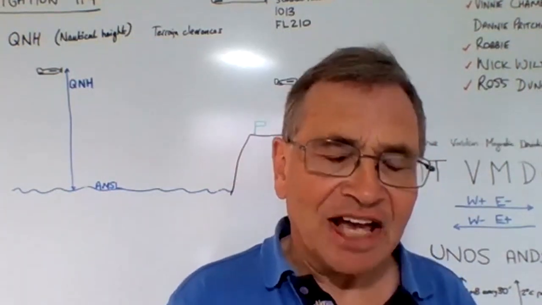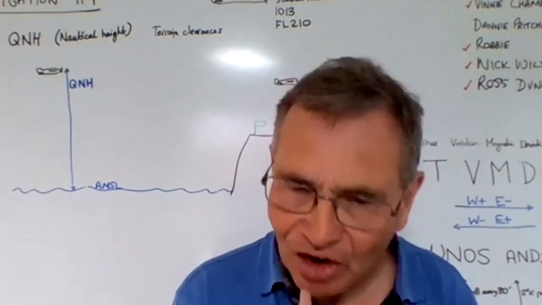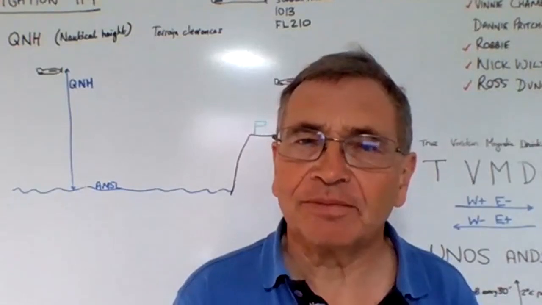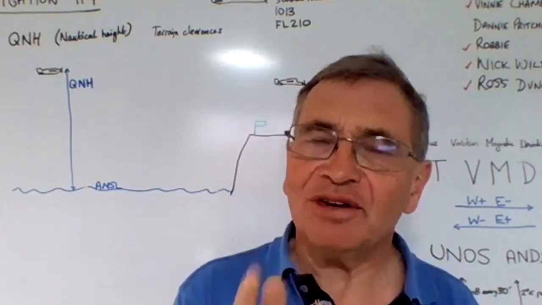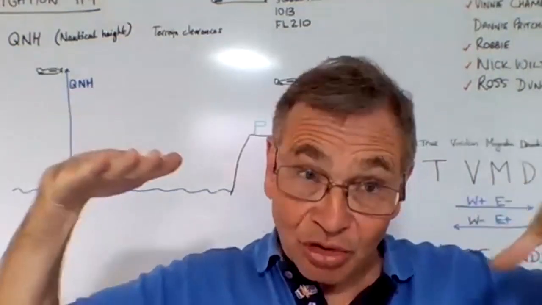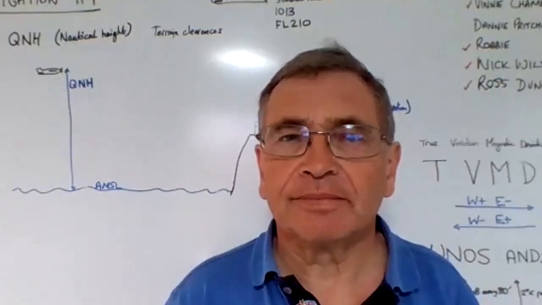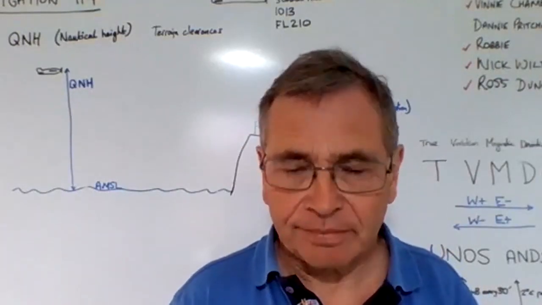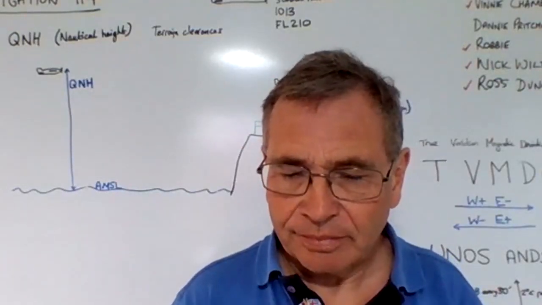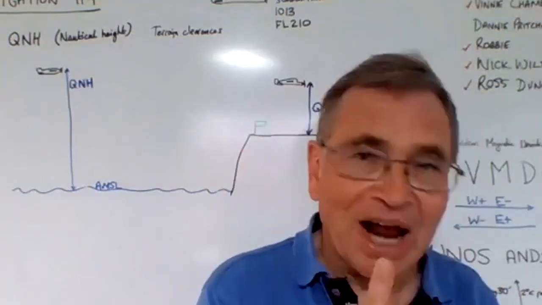They're flying at 8,000 feet on the QNH, and you're at flight level 85. How far away are you from that plane, assuming that you crossed? Depends on the QNH then. So what did you say the QNH was?